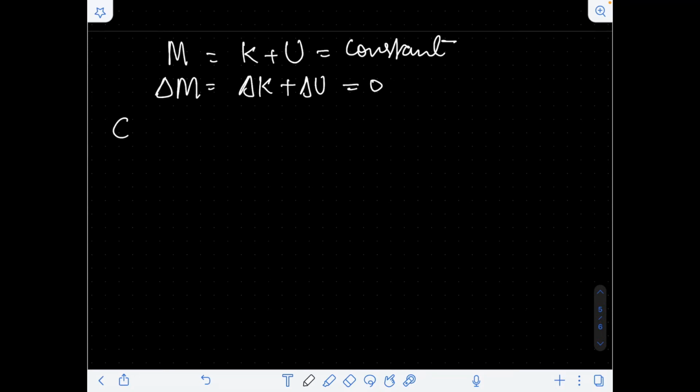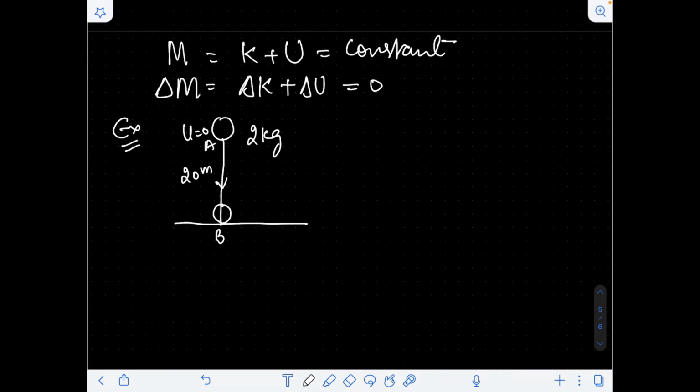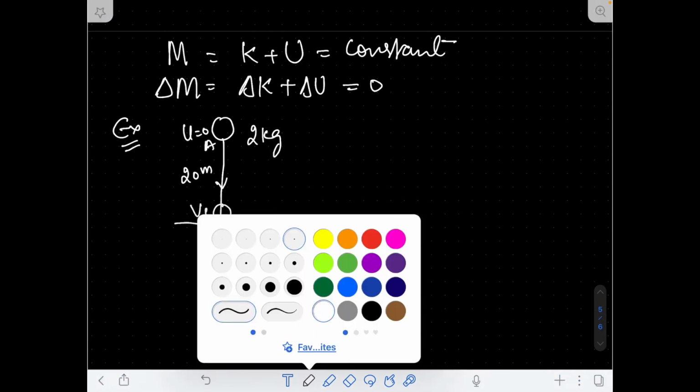Let's verify this statement with one of the examples. Again, under the gravitational situation, we have an object of 2 kg which is 20 meters above the ground. It is released from that height, and it reaches the ground at point B from A. We will find out its final velocity and the initial total kinetic energy and potential energy.